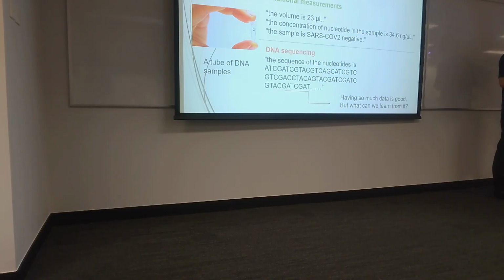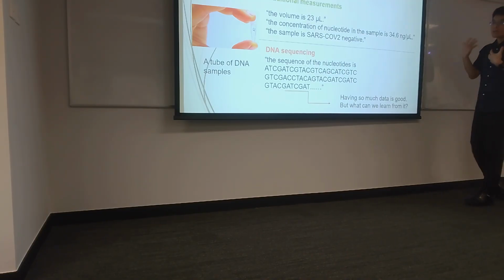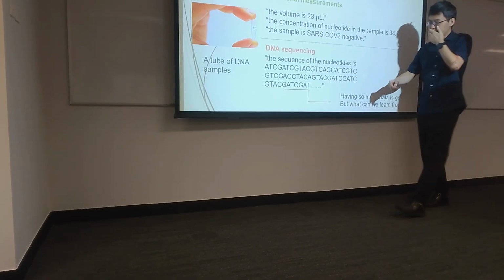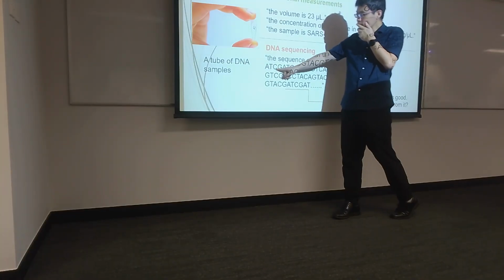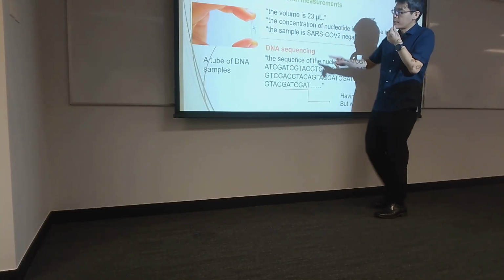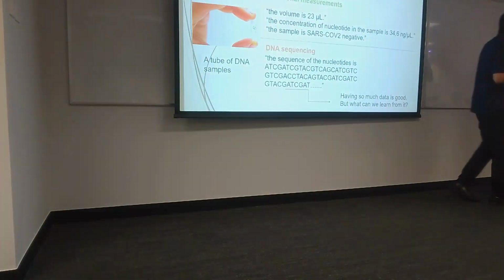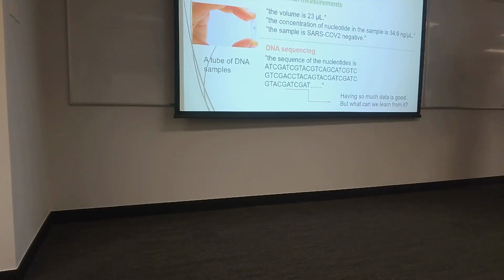For sequencing, usually we get the data more comprehensively. For example, we get this kind of data. We have the sequence of the nucleotide. If it is a very long sequence, long DNA from human beings, then we could have a very long sequence like this. So this is actually a sequence of A, C, G, or T, right?